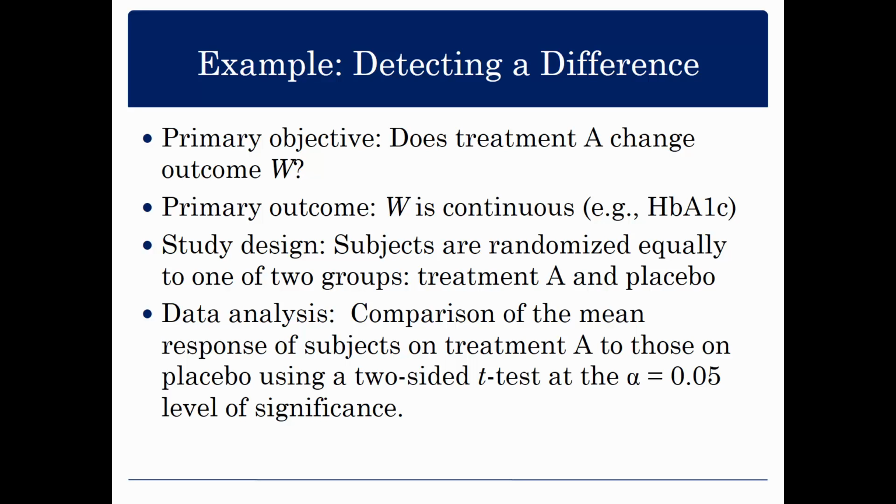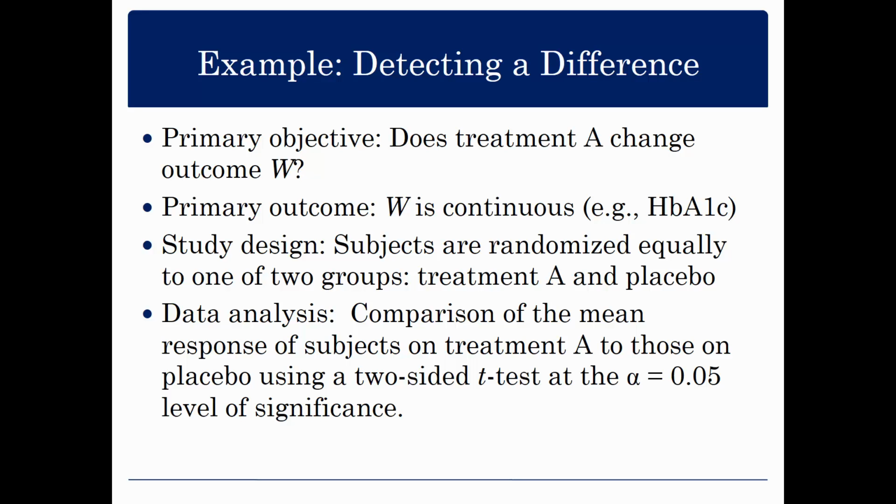We're going to observe them and then record some measure of the benefit of this, which is the HbA1c, and compare the average response of subjects on treatment to those on placebo. And we'll do that using a two-sided t-test, and we're going to a priori determine that we want a 5% level of significance.